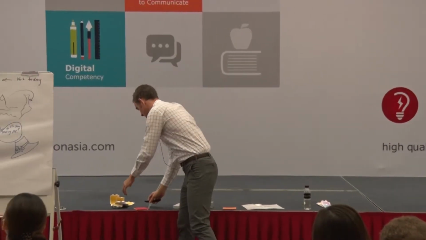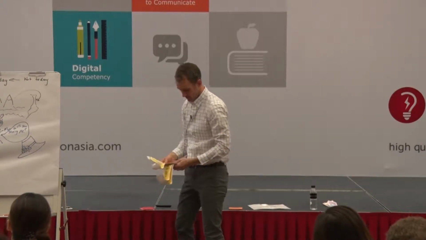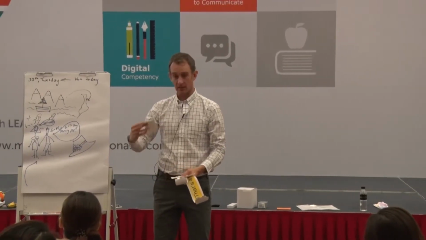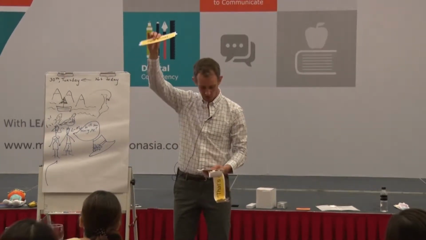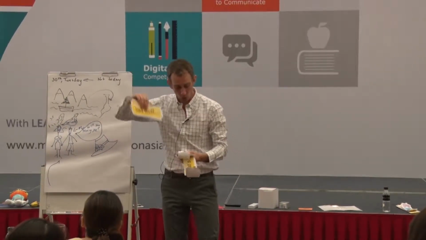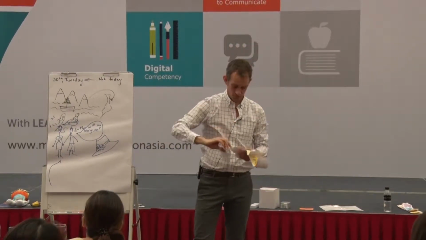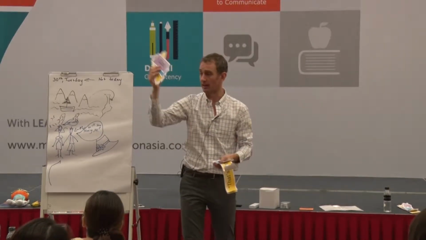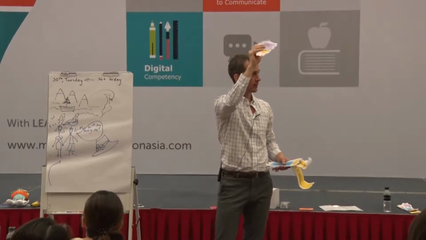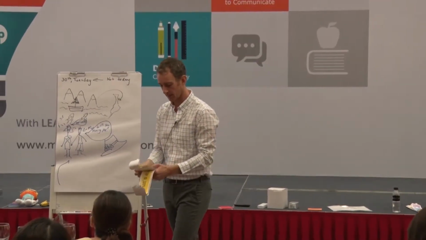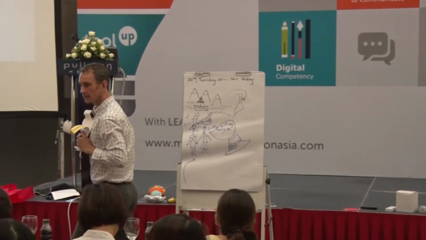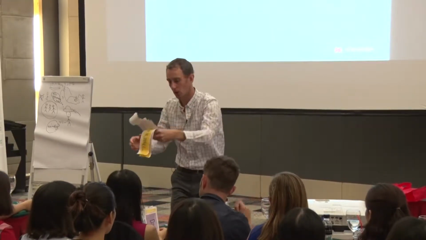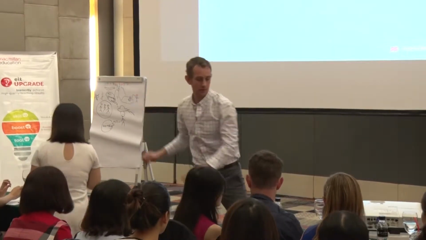So for this activity, I'm going to hand out to the audience some random words. We've got red coat, bad wolf, the bed, the forest, cane, dad, etc. You'll start noticing that there are different colours as well. We'll come back to that a little bit later. Could I ask a volunteer to help give these out to teachers all over the room? Just hand them out on this side.